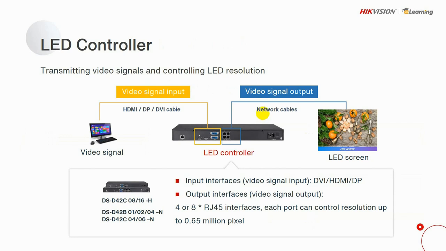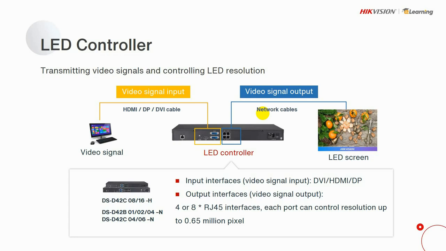Here we have a simple topology of the LED controller again. We can see from the rear of the LED controller in the middle, here are HDMI or DP or DVI ports for video signal input. And here are ports for video signal outputs which connect with the LED screen. C04 means it has 4 ports, and C08 means it is with 8 ports.